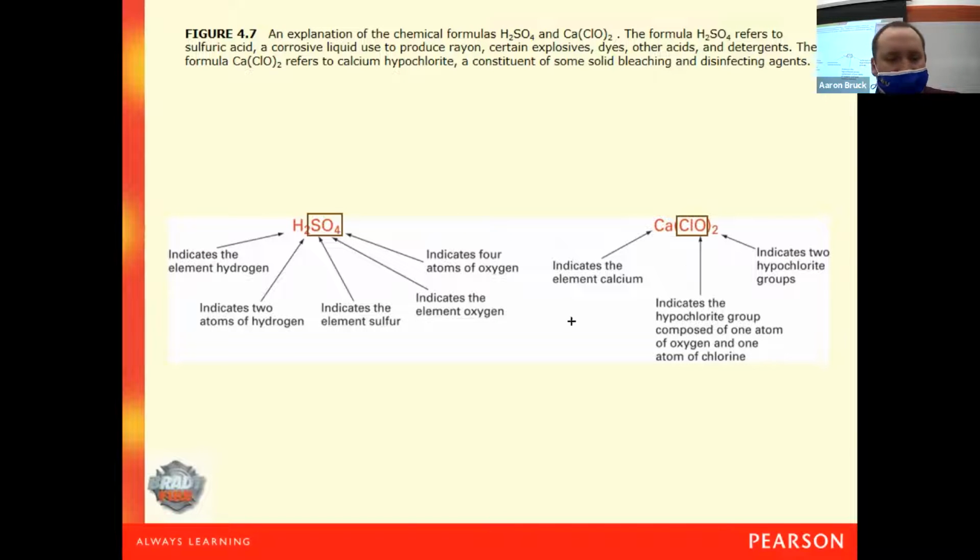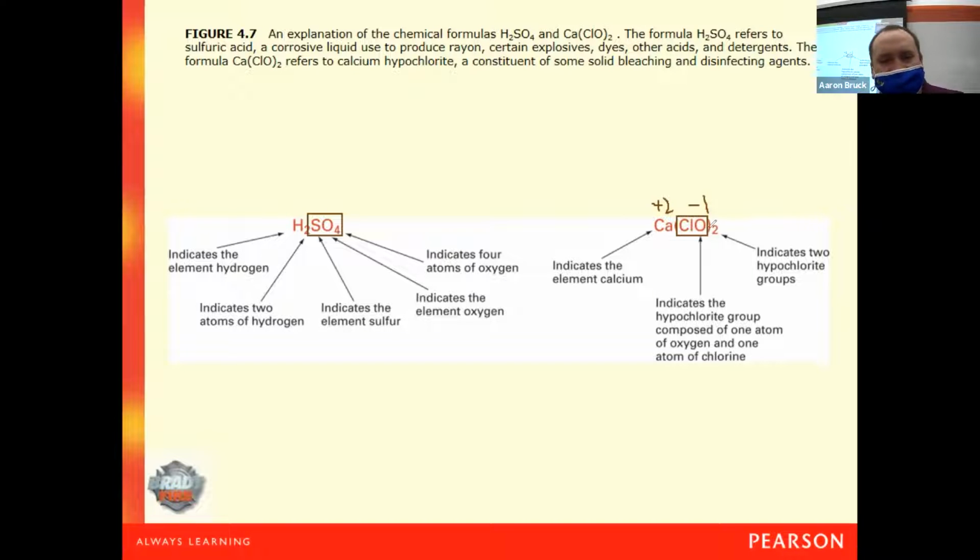And so calcium, which has a known charge of +2, is going to attract two of the hypochlorite ions because each of those hypochlorite ions has a -1 charge. And so two -1s are needed to balance the +2.